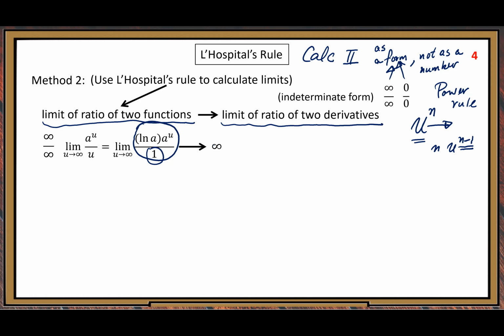Here we ignore the constant part, since the constant part never changes. So when u goes to infinity, that exponential function goes to infinity. That is the answer we used in the previous slide.